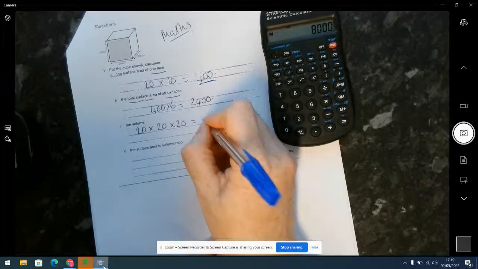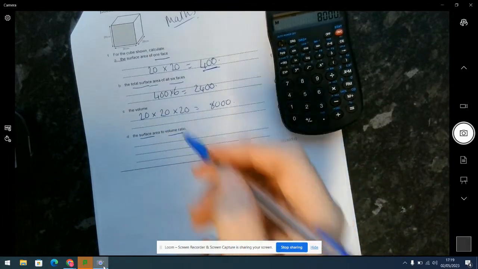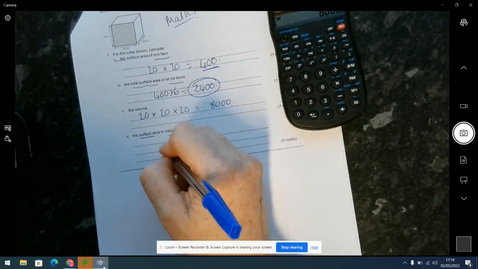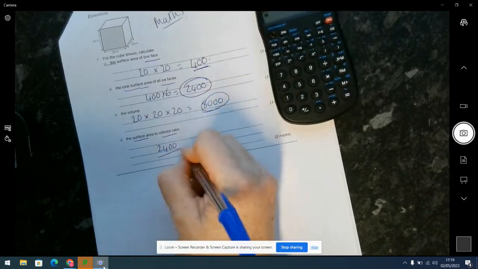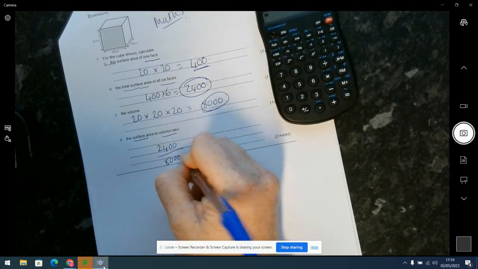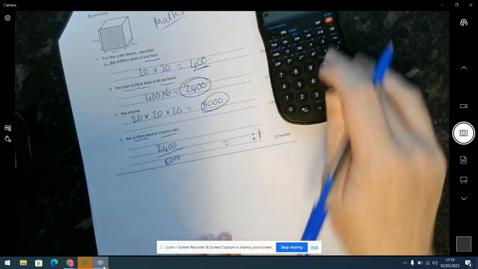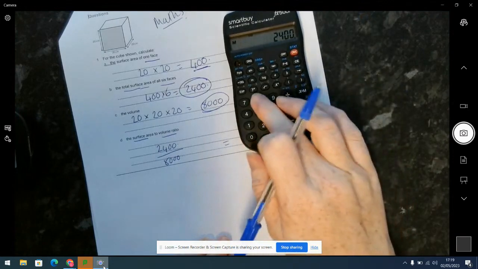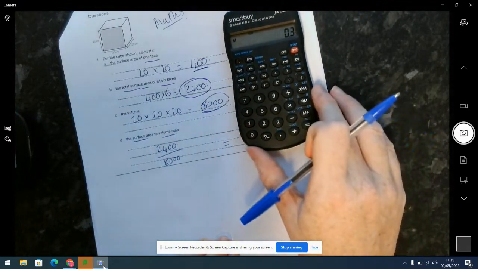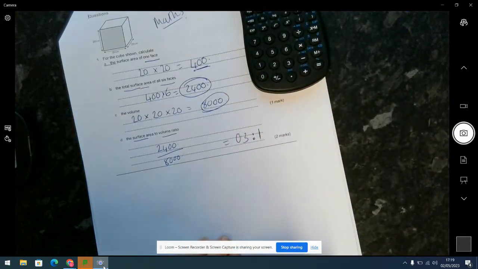And that equals 8,000. And then I'm asked to do the surface area to volume ratio. So I take my surface area number, which is 2,400, and I'm dividing it by the total volume. And that's going to give me a ratio of something to 1. So let's see. So 2,400 divided by 8,000 gives me a 0.3 to 1 ratio.